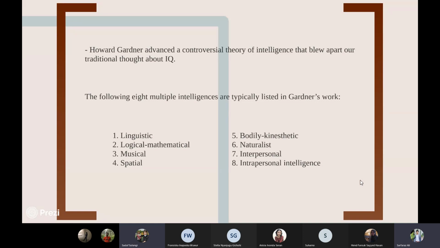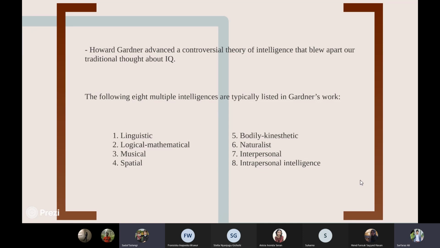And the eighth is the intrapersonal intelligence. This is again one kind of ability to see oneself, to develop a sense of self-identification. So there is quite a clear difference between the inter- and the intrapersonal. The first describes others' ability, and the last one describes one's own ability.